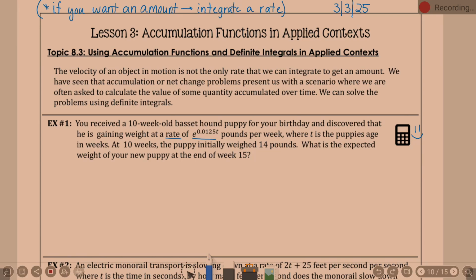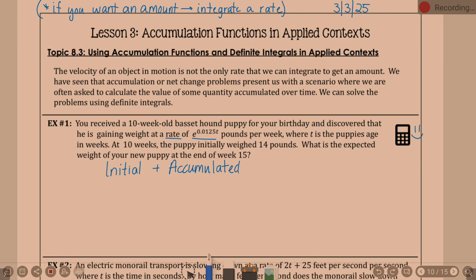Did the puppy weigh 0 pounds at birth? No. So you can't go with the initial being 0. We're going to integrate that rate over the period that he's accumulating weight, 10 to 15 weeks, with the idea that the initial was 14. So we're going to do the initial weight plus the accumulated weight.